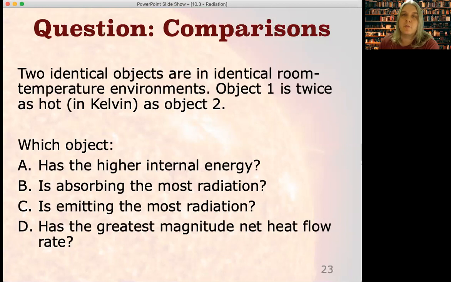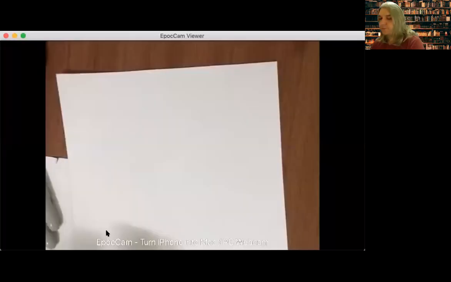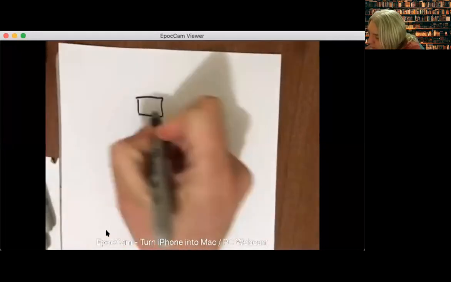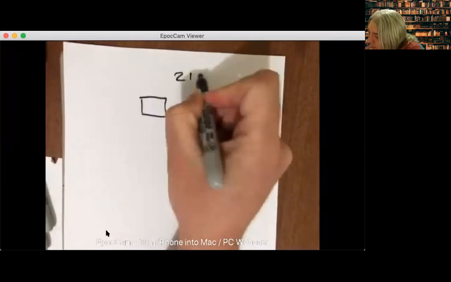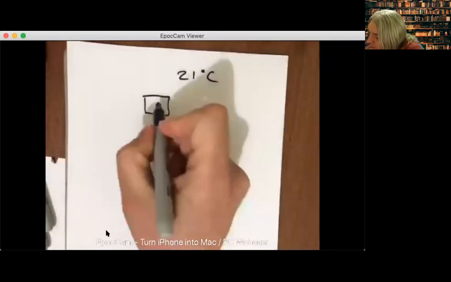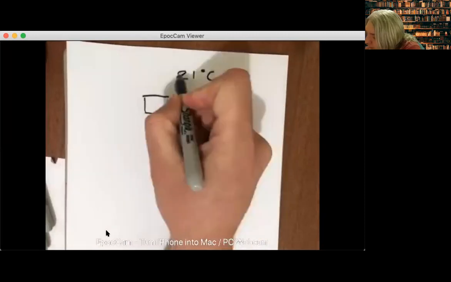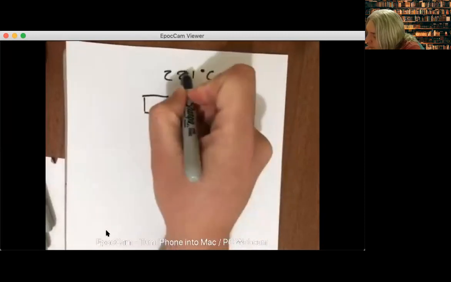So if we have an object in a 21 degree Celsius environment, I should have done it all in Kelvin, so this is 294 Kelvin.